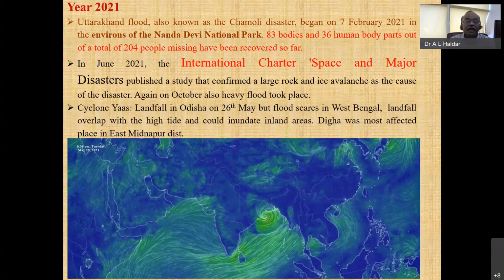It was said that the causes may be the ice avalanche and large rock slides. You see a glimpse of that cyclone, which was the focus, and it made landfall in Andhra and the eastern coast of Odisha.